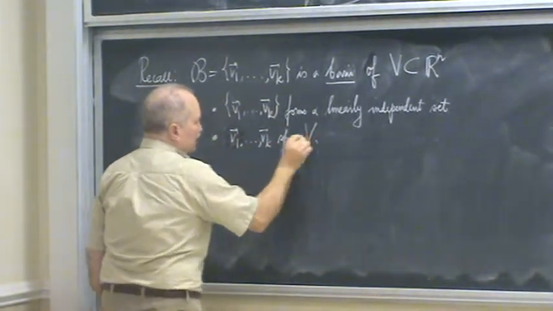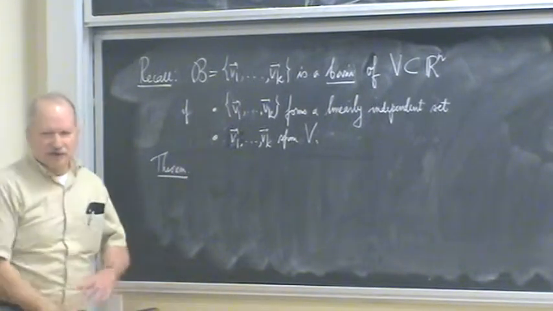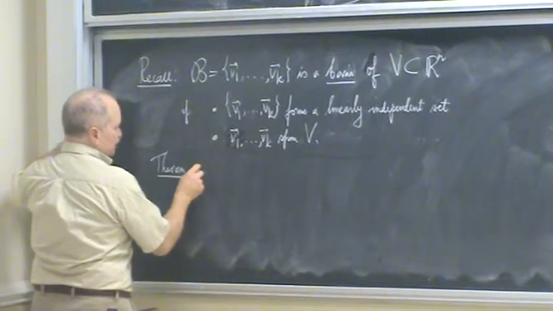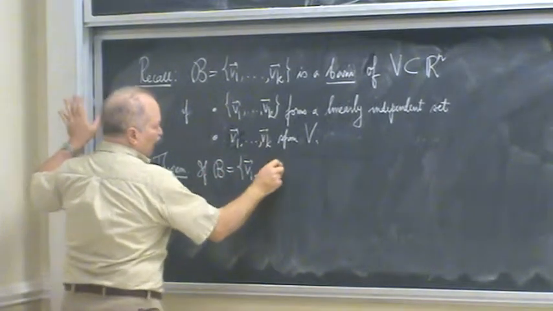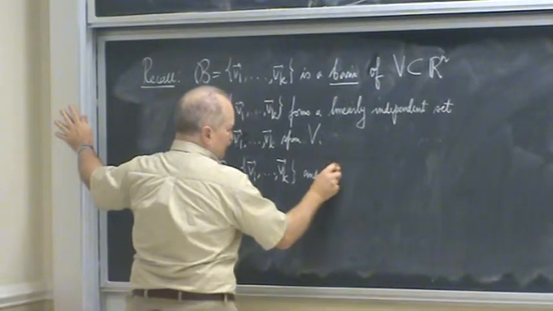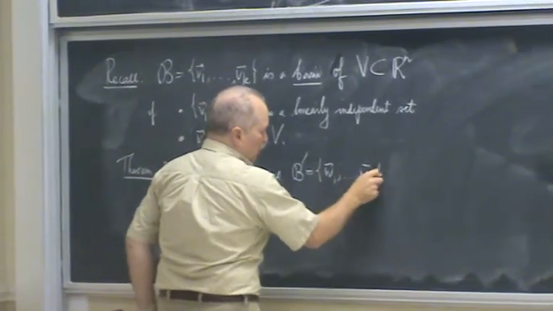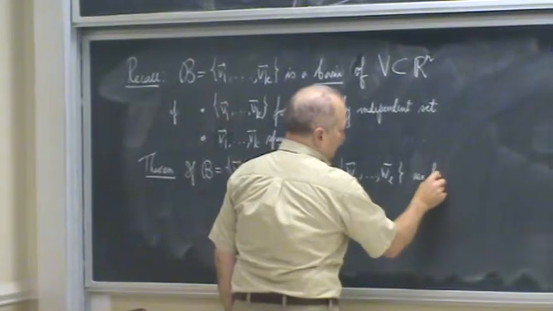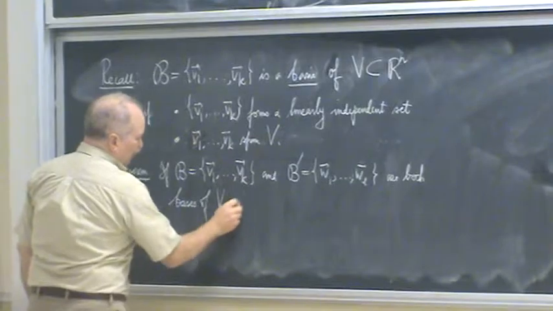And then we said that we had a theorem, which we will do right now, that said if you have two different bases of the same subspace, so you have V1 to Vk and W1 to WL, and they both are bases, then what's true?